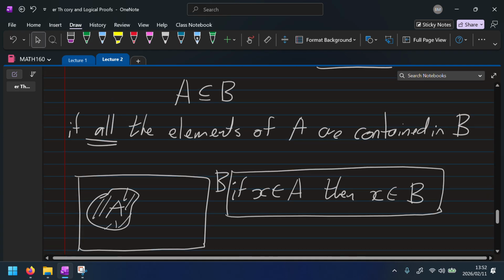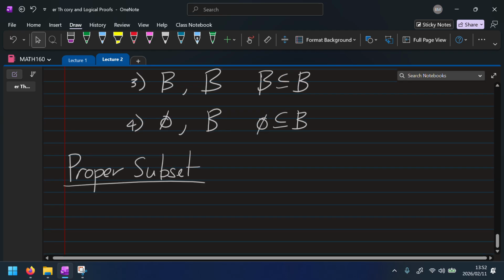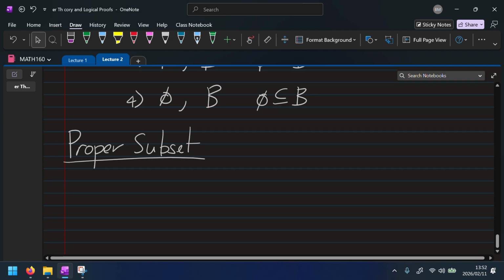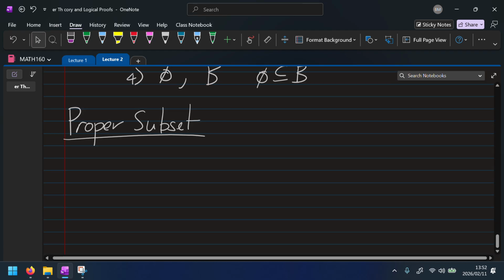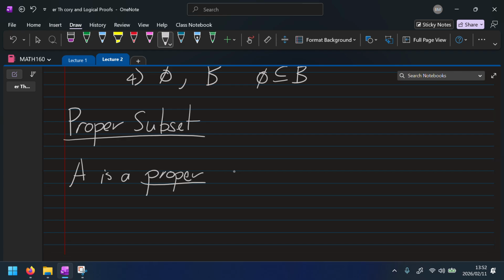Okay, so this is just a general subset. Now we're looking at specifically a proper subset. So the word proper in front of it adds an extra condition. So A is a proper subset of B if, and now there's two conditions.